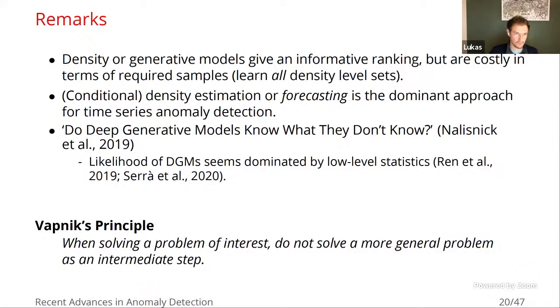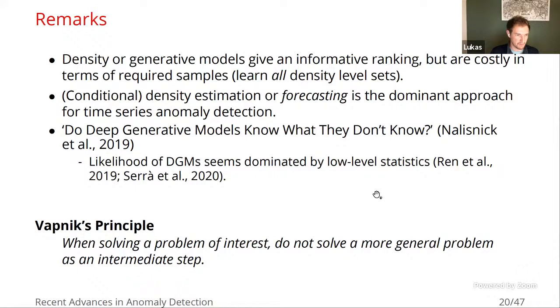And another remark, so density estimation is also the main approach to time series anomaly detection, where you learn forecasting models, and the forecasting error can be used to indicate anomalies.